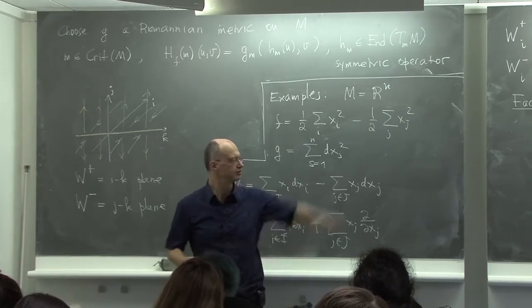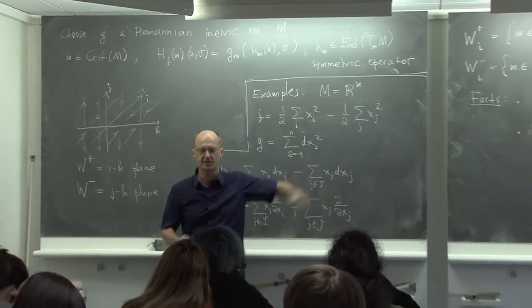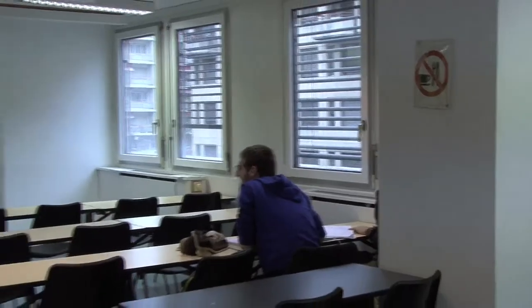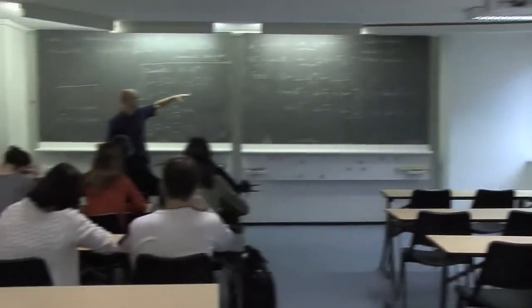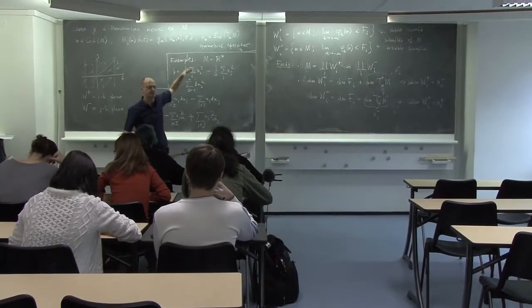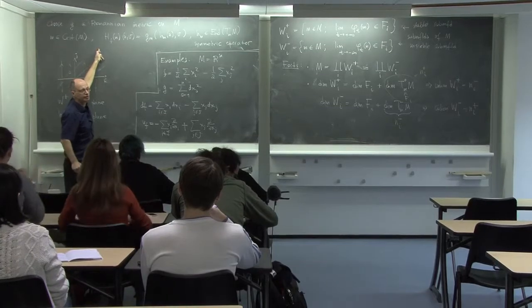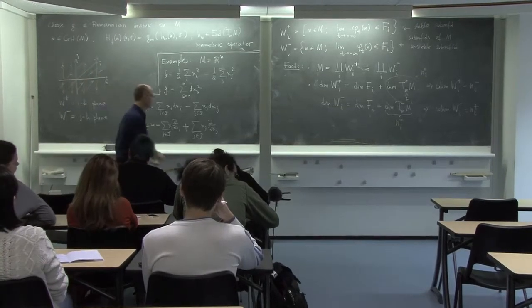Why is that? This fact doesn't seem to hold. That's because this is a local model. There should be other places where, for instance, this escaping flow should end, if we are on a compact manifold, of course.